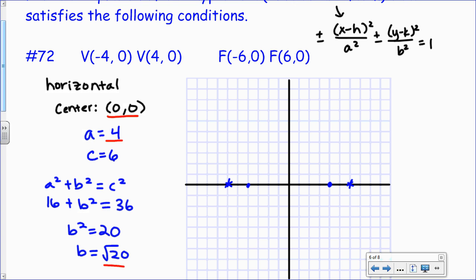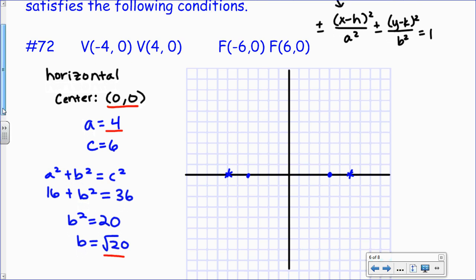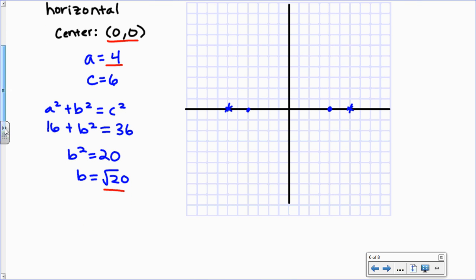So when you write this out, you have x minus 0 squared, which is just x squared, okay, over a squared. So what's a squared? 16. And then minus, so the y has to be negative because it's a horizontal hyperbola.